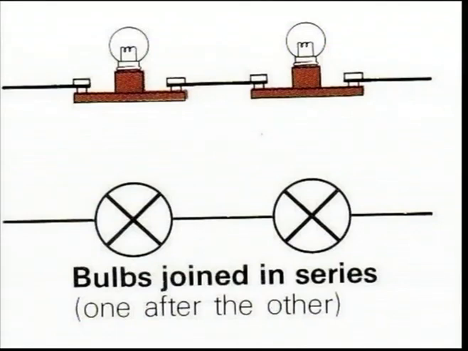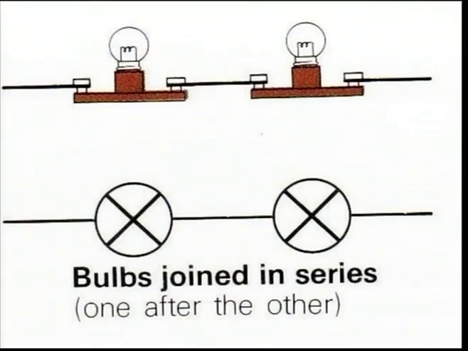In a series circuit, the bulbs are joined in series or in line, one after the other. You will see the top diagram shows the actual picture, and the second diagram down below shows the circuit diagram. But that's how series circuits are.